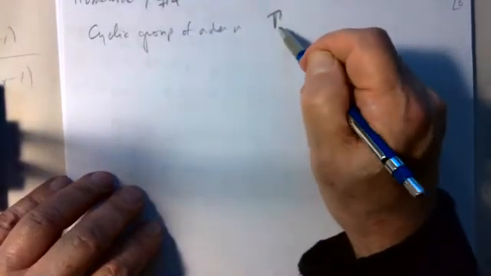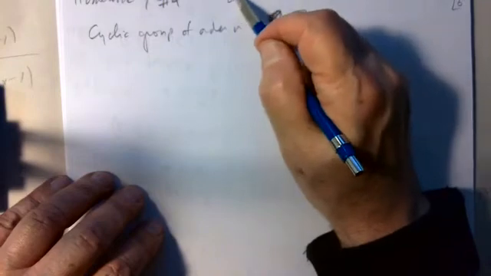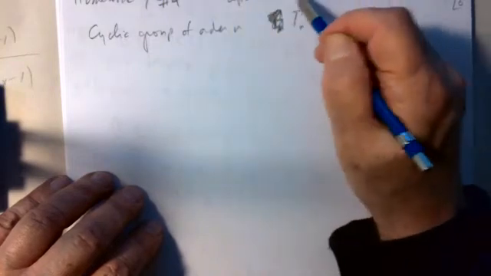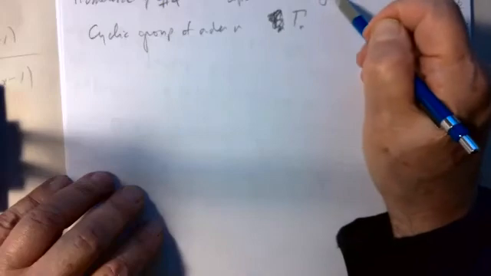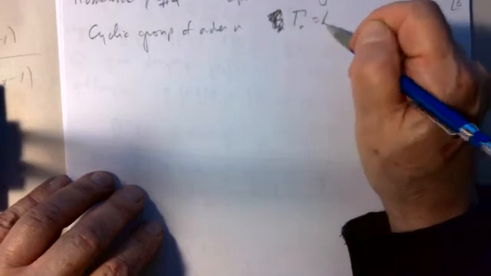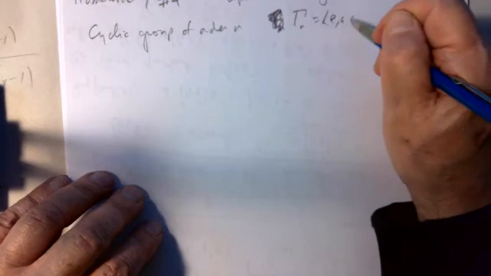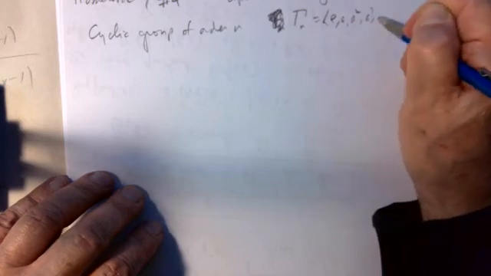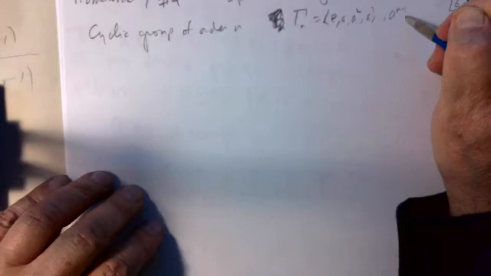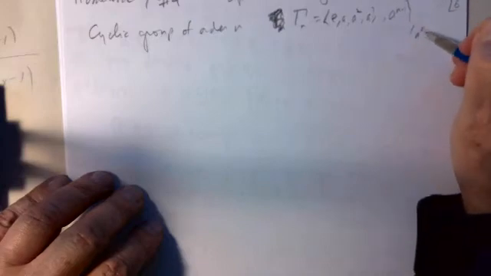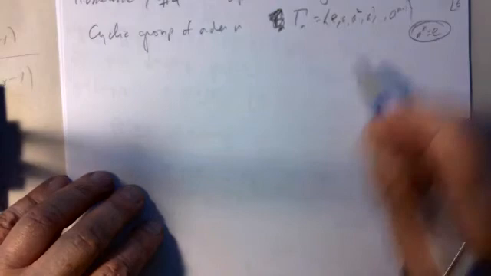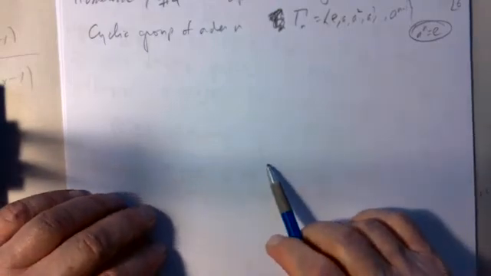I usually call that gamma sub n, the capital Greek letter gamma sub n, which consists of n elements generated by some element I can call a. So a, a squared, all the powers of a up to the n minus first power, because a to the n is the identity. That's what makes this a cyclic group.